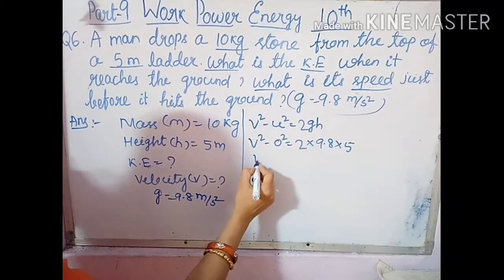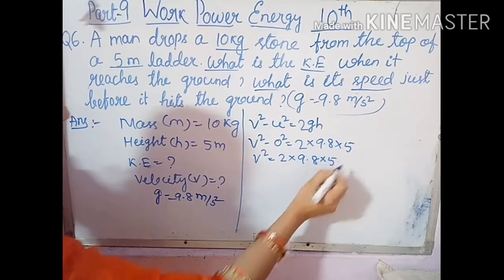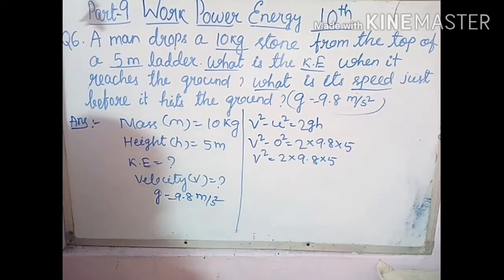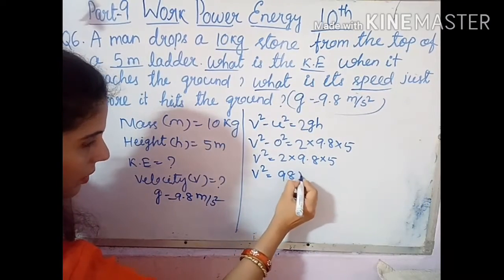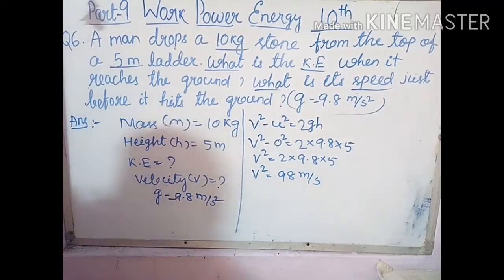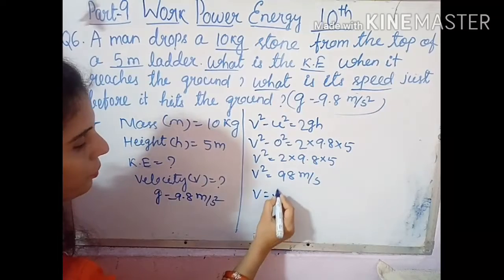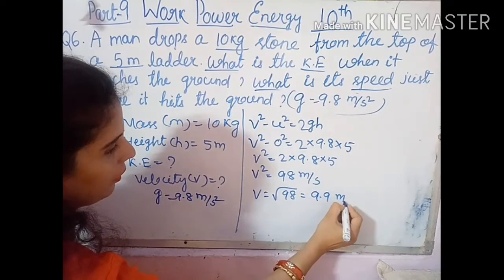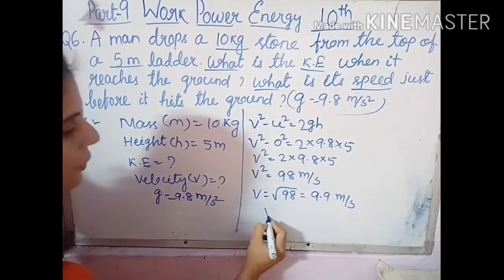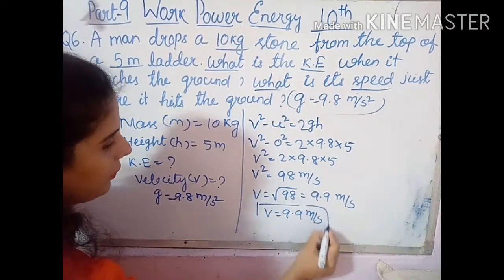On solving this, v square equals 2 into 9.8 into 5, which is 98. As it is asking the speed, v means root over 98. So you will get 9.9 meter per second. So this is your v, the answer to the second part.